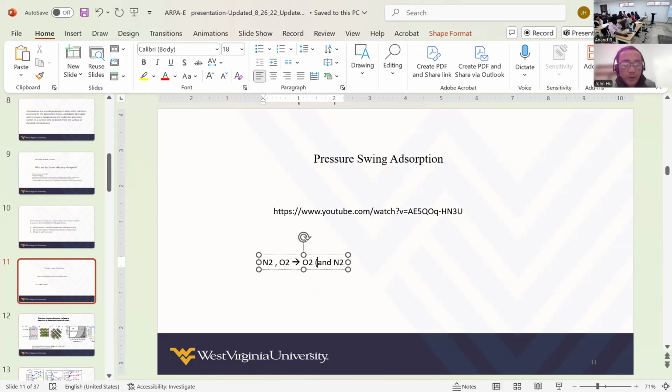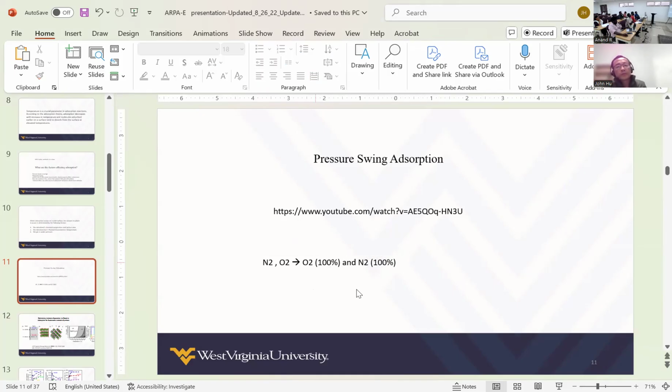Ideally, you want 100% pure N2. Ideally, okay. So basically, in pressure swing, you have N2 and O2, the mixture.